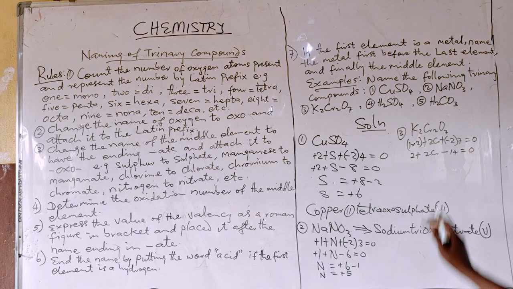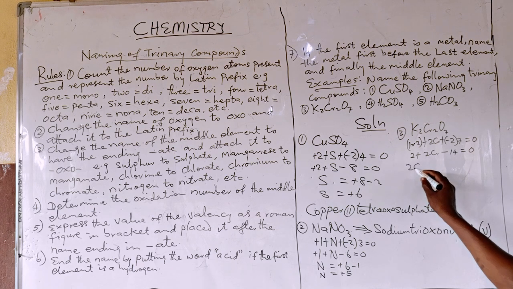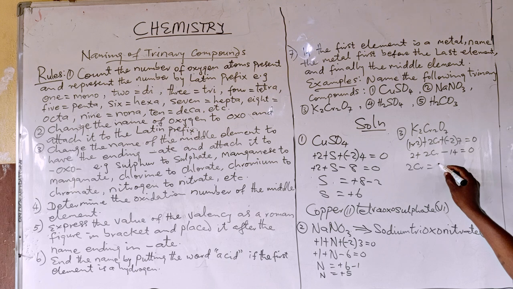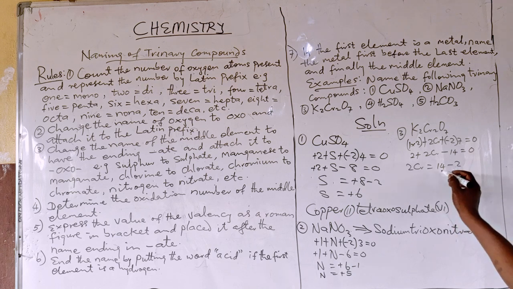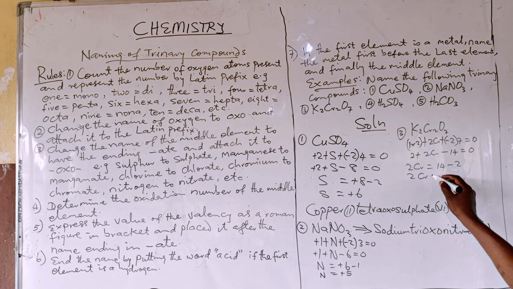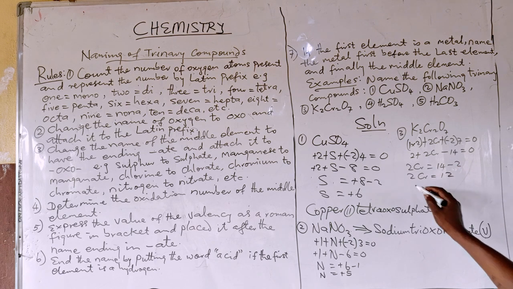Now, make Cr the subject of the formula. You have 2Cr equal to, take this to the other side, you have 14 minus 2. Now, remember this is the minus 2. Now subtract, you have 2Cr equal to 12. I'm looking for Cr, not 2Cr.